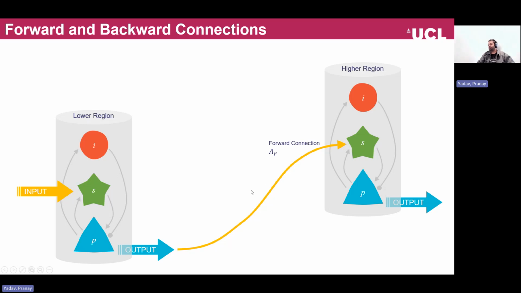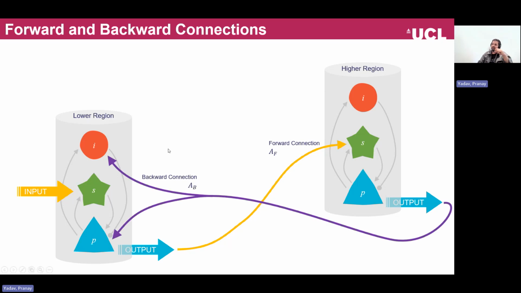This is called a forward connection, reflecting a sort of feed forward information processing. The higher region can now do its own computation, and its output is fed back into the lower region, which goes into the inhibitory interneuronal population and the pyramidal population. This is called a backward connection. So these are the two types.